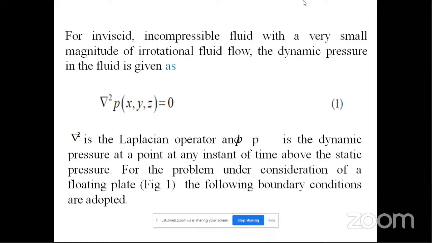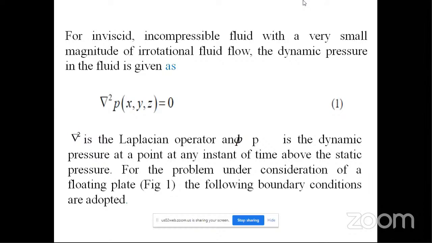Del square is del dot del p, the divergence of the gradient. We call it the Laplacian operator. So this converts to del square p equal to 0, the Laplace equation.